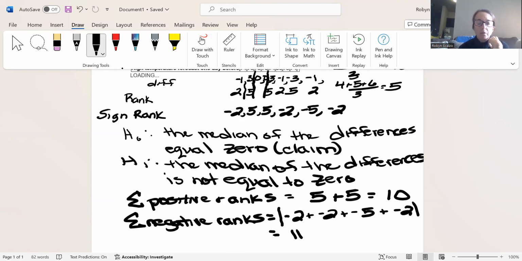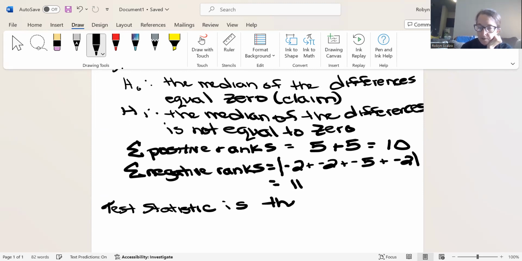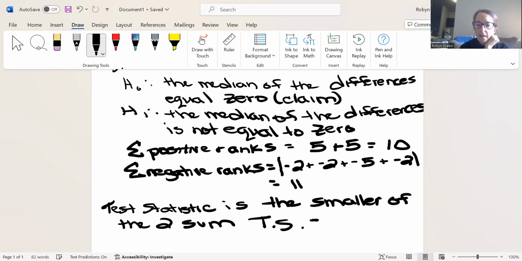Remember, it's absolute value, so although it's -11, it becomes 11. This helps us find the test statistic, which is the smaller of the two sums. The two sums are 10 and 11, so my test statistic equals 10.